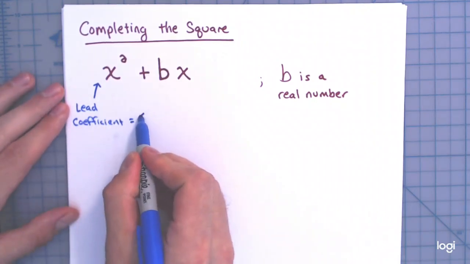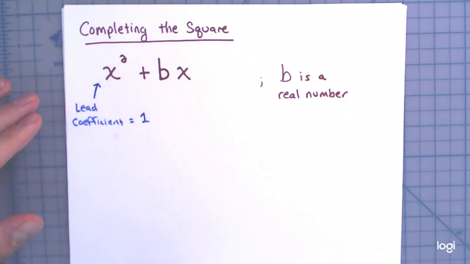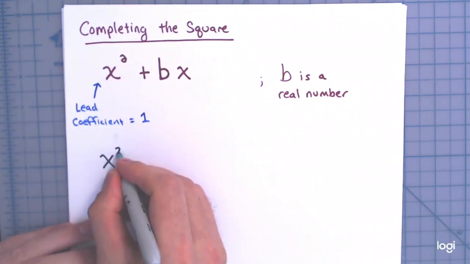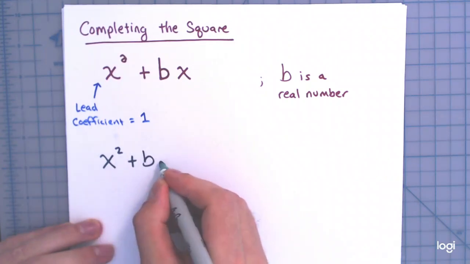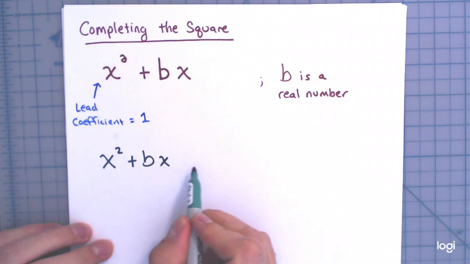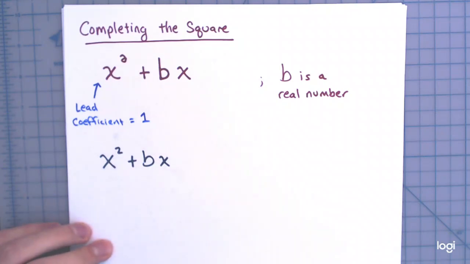We're going to try to make that happen in our equations later. So we took an expression like x squared plus bx, and then added something to it to make a perfect square trinomial, something that could be factored as the same factor twice.